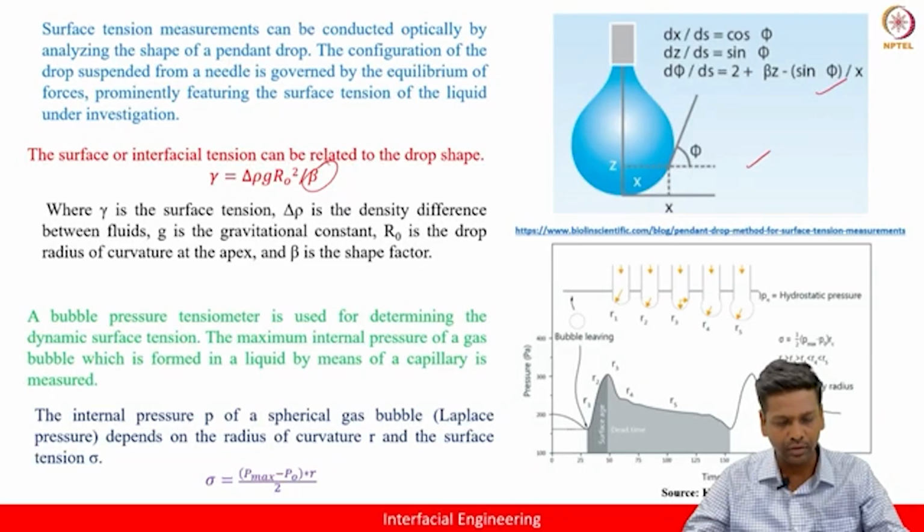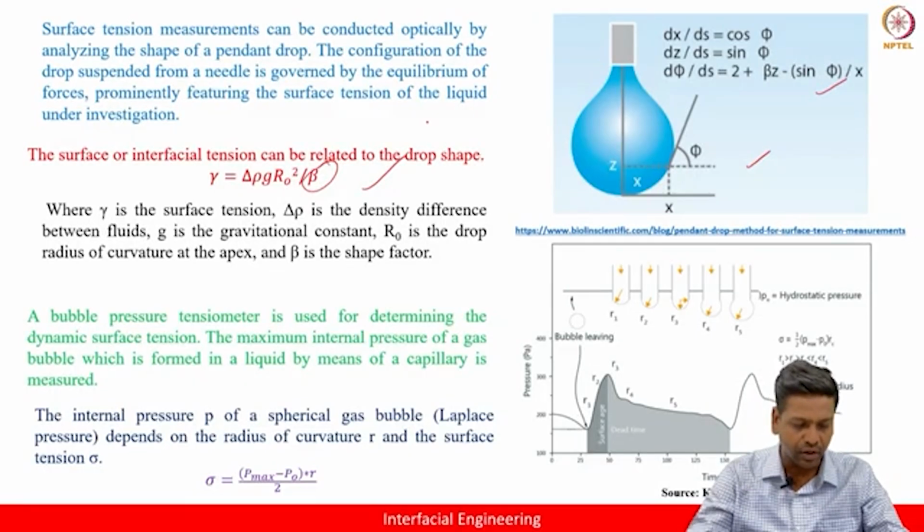Once the software calculates the beta, based on this pendant shape, based on these geometric factors, you can determine surface tension easily from this relation, right?